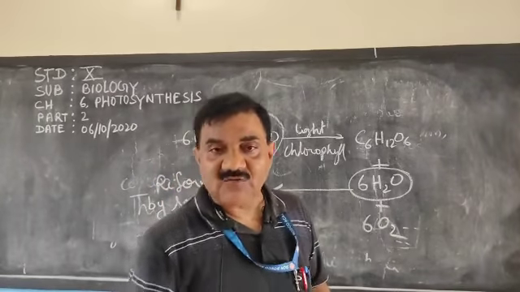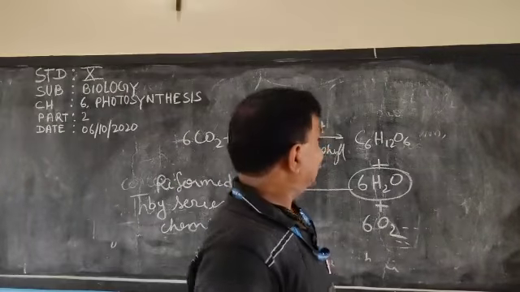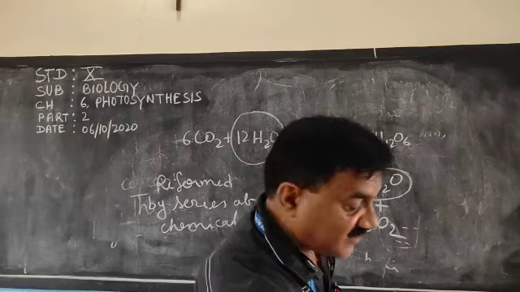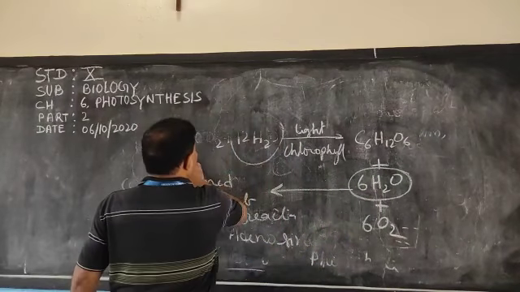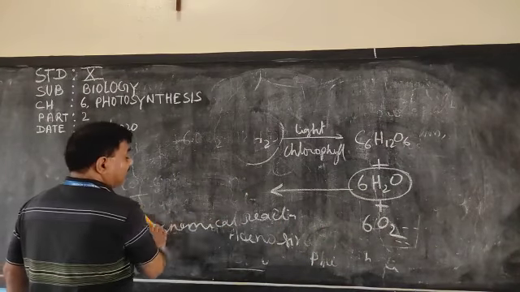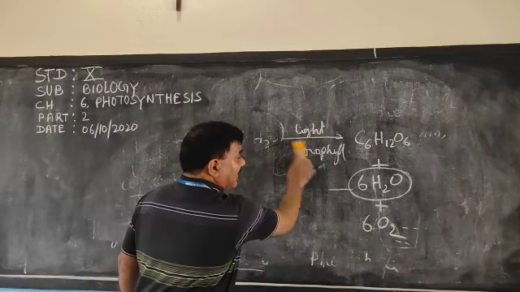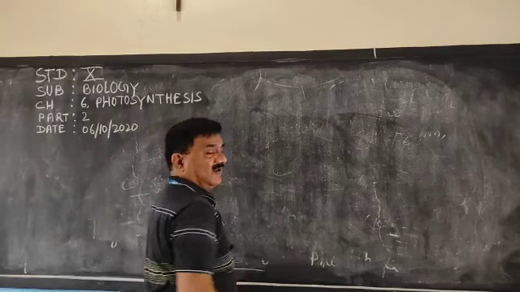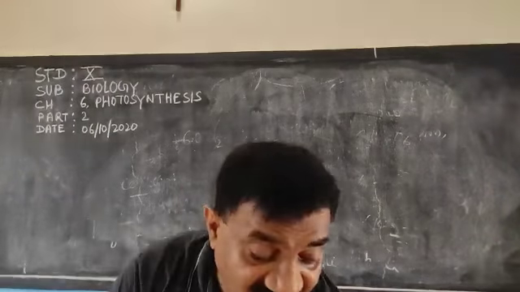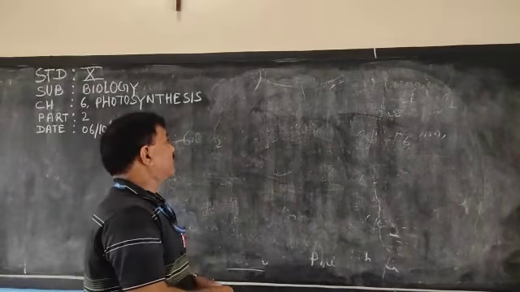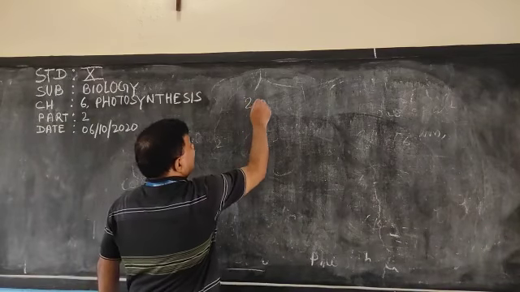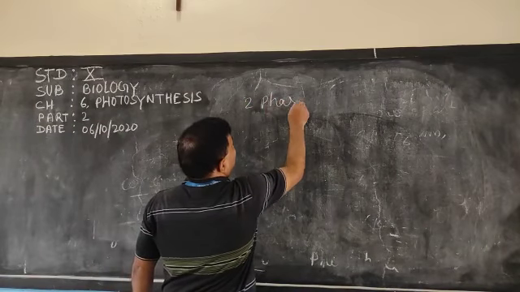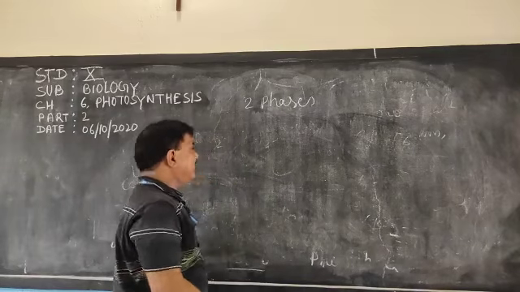Now, one more thing we have to discuss: some part of the reaction of photosynthesis takes place in the presence of light, and some part takes place in the absence of light. So, there are two phases of photosynthesis. What are those two phases?